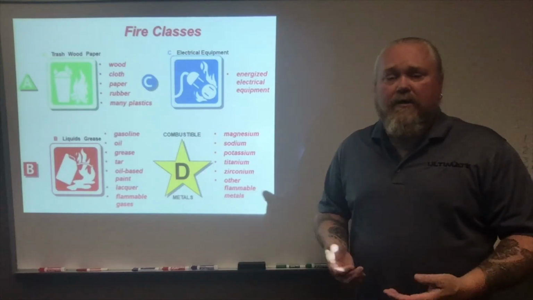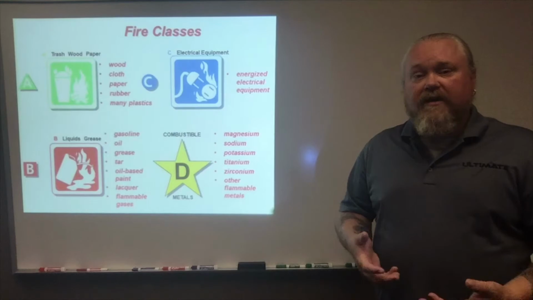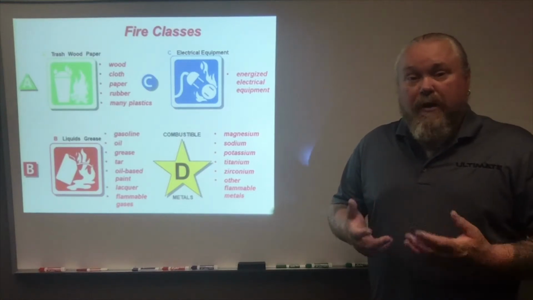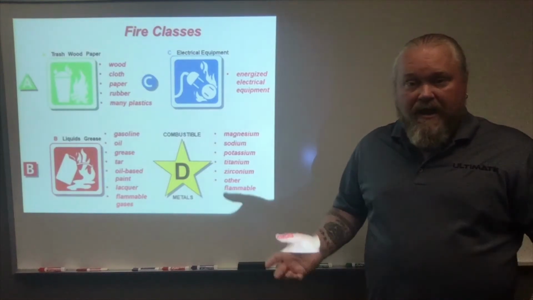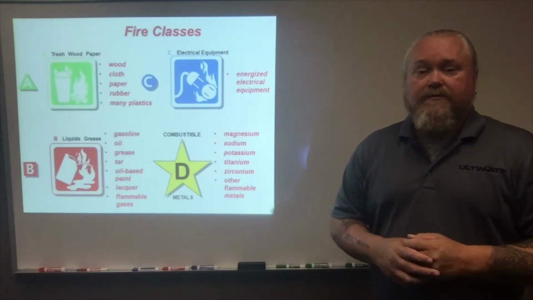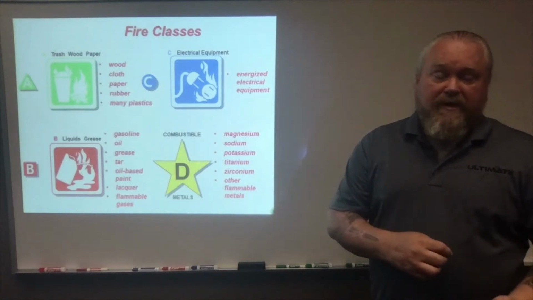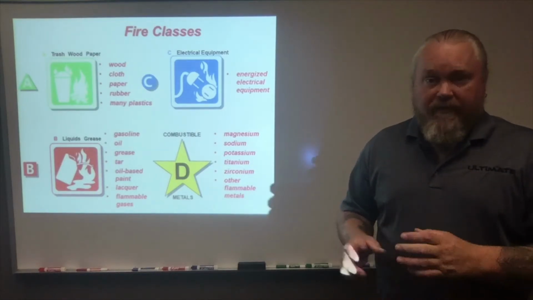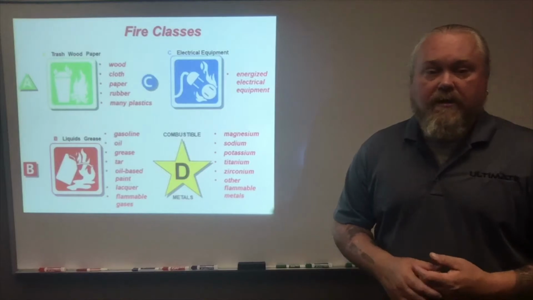How we put those out, there's several practices, but in particular, Class B needs to be smothered. We put a foam or a powder on it which flushes it out or stops it. So Class B extinguishers are going to take away that gasoline that you might have on the job site.